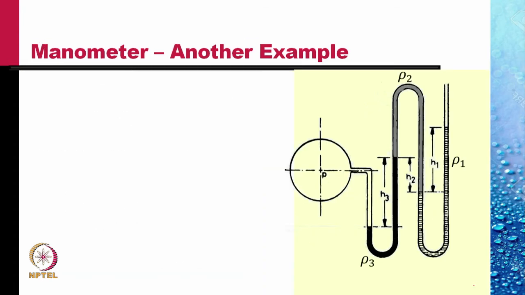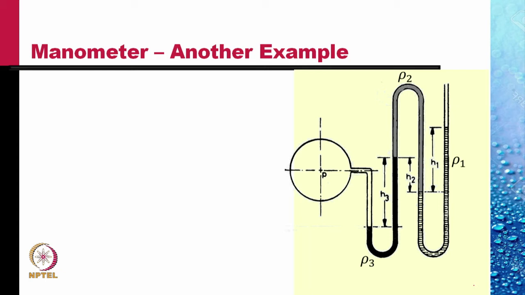We do another example, a little more complicated manometer. Here we have a bulb with a pressure P of a gas, and the manometer has three fluids of density rho 1, rho 2 and rho 3 as shown.